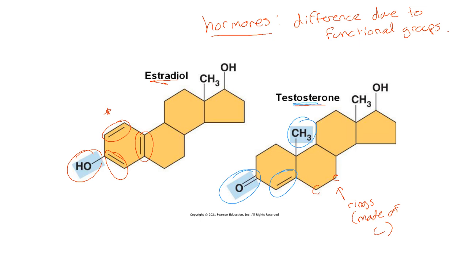Okay, so if there's an edge over here, it is going to be a carbon. It is going to be implied. Unless you see something coming out of here, then obviously this is not a carbon, right? But every edge of the rings is going to be carbon.